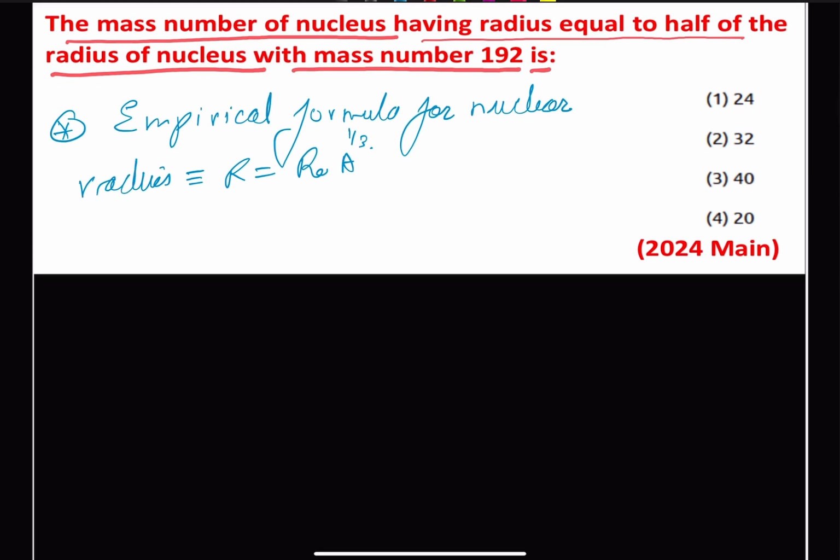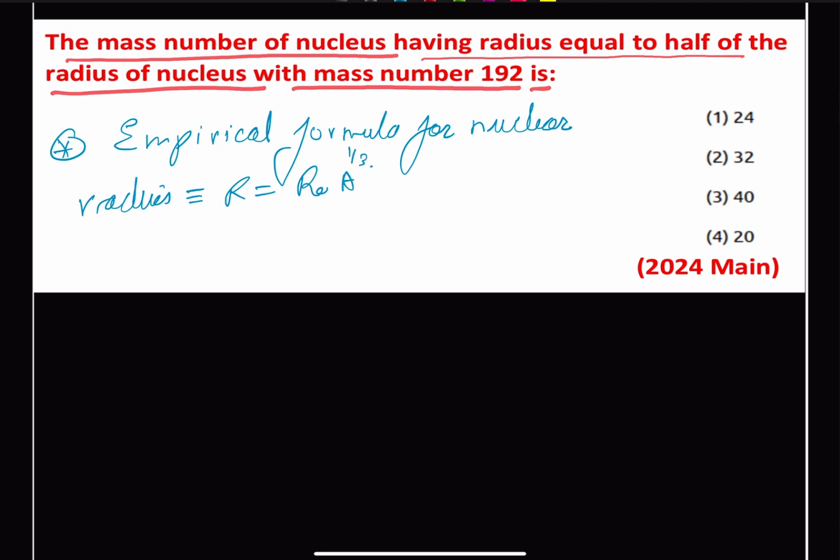And it says that the nucleus has a radius equal to half that of the radius for mass number 192.